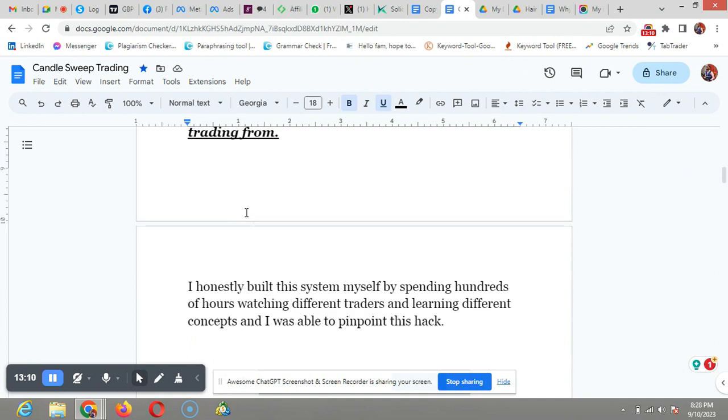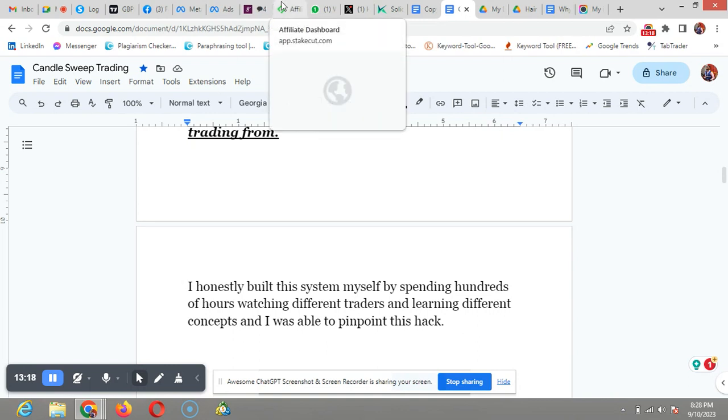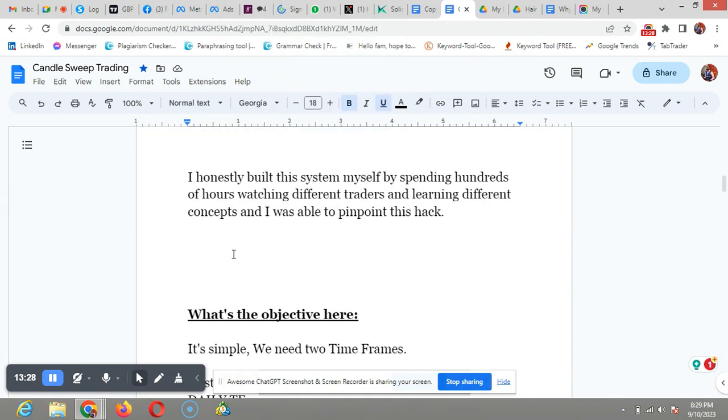Now, I honestly built this system myself, by spending hundreds of hours watching different traders and learning different concepts, and I was able to pinpoint this hack. The truth is nobody taught me this. I spent time in the market, watching it over and over, and I kept seeing the repetition.